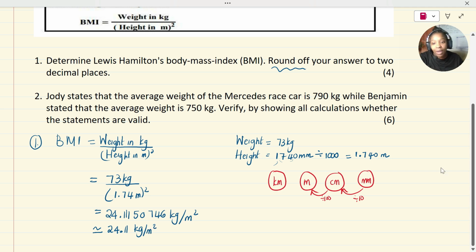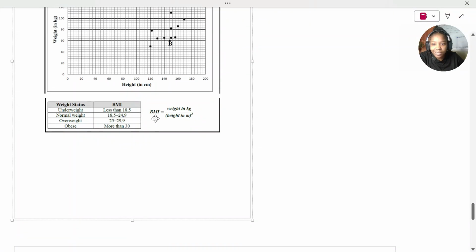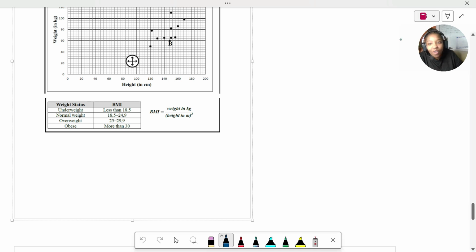Let's see. I'm interested to find out in which category his BMI falls when it comes to the weight status. If we look at this table, which should look familiar from the activity that we did yesterday, we can see that Lewis Hamilton's weight status is actually normal.